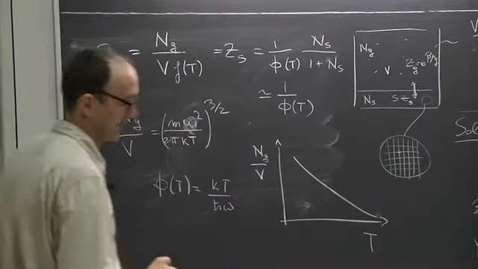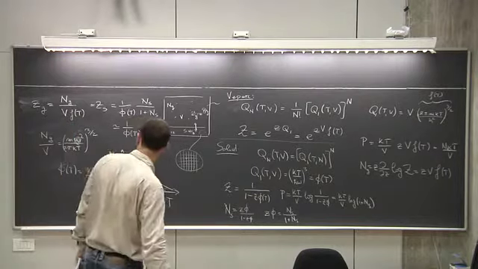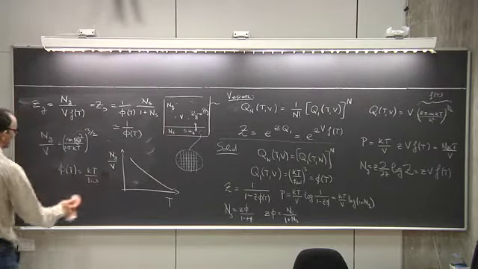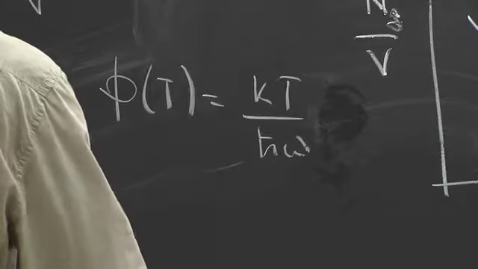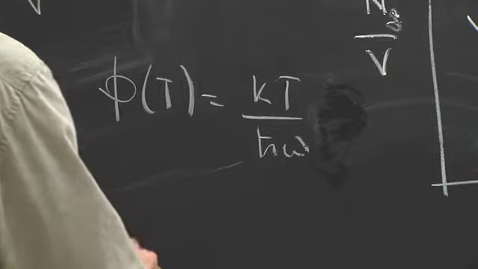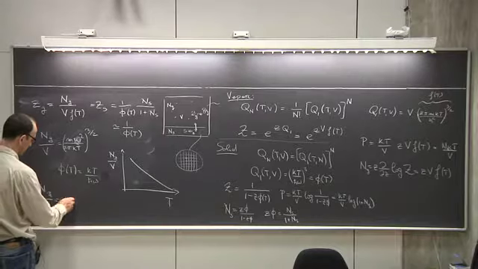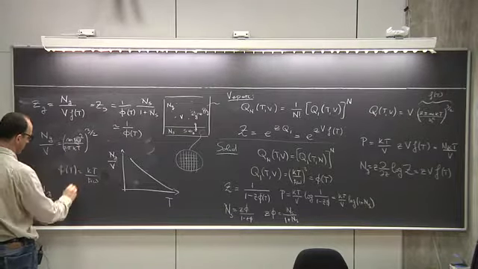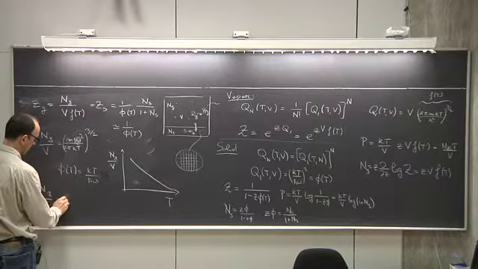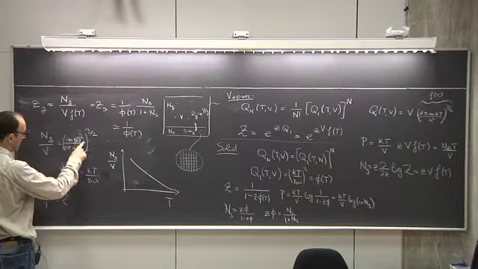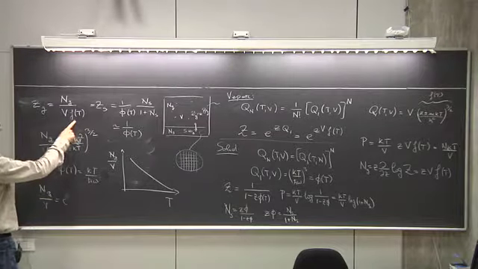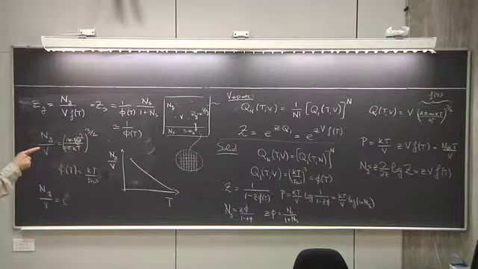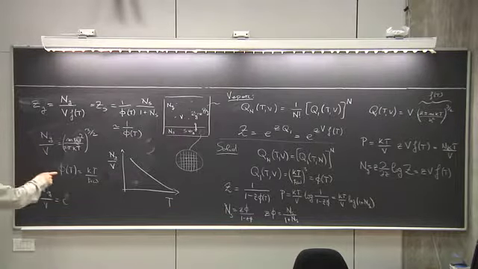And then what you would have had is that n_g divided by V would have been essentially a constant times f of t, which is proportional to kT to the n over 3 divided by kT.